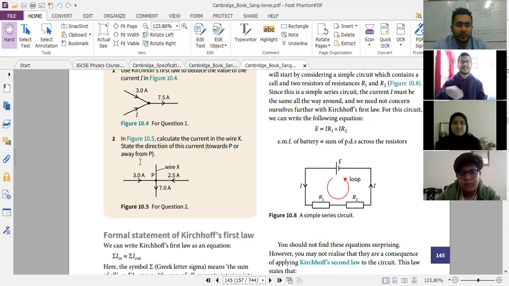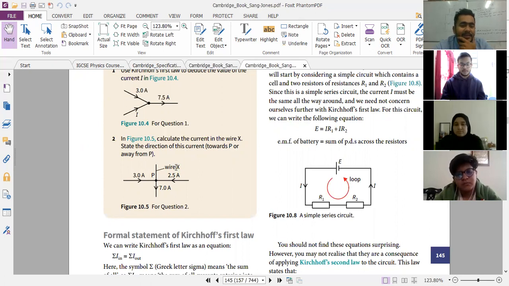Next, number 2. This will be answered by Nabila. Nabila, in figure 10.5, calculate the current in the wire X. State the direction of this current, towards P or away from P. This one is a bit tricky, they are taking it one step forward. The total amount of current entering is two, and we have found one here that is going away from P. How about the wire X?